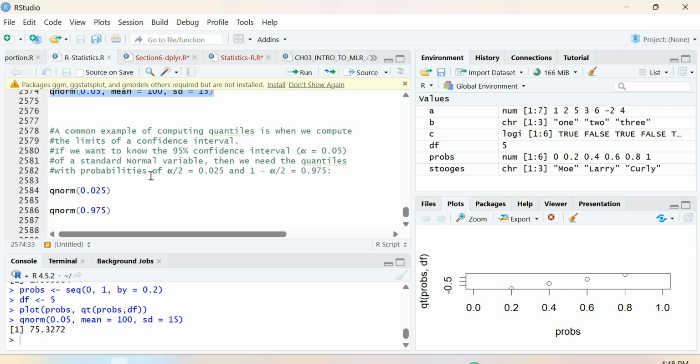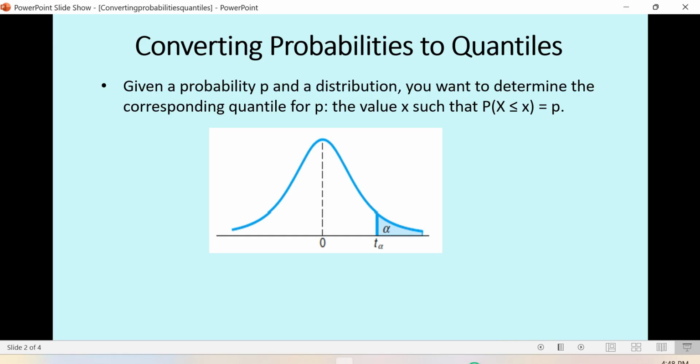Now you can see the quantile value is often used to calculate the confidence interval. If you look at this figure again, for example, if we want to draw the confidence interval for a population mean, we get the sample and we get the sample statistic.